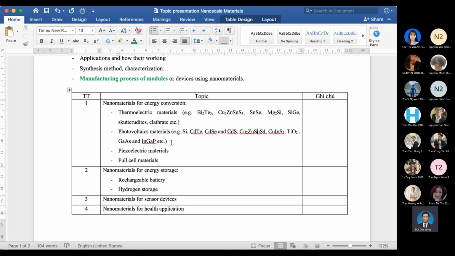For example, next week you say, Dr. Long, I want to present about nanomaterial for energy conversion. I will choose a thermoelectric material. For example, I want to choose nano bismuth telluride. It's okay.